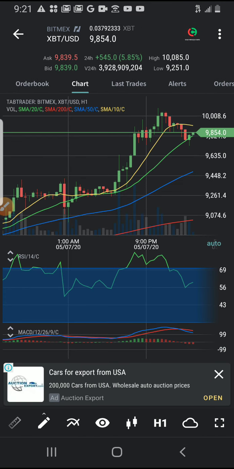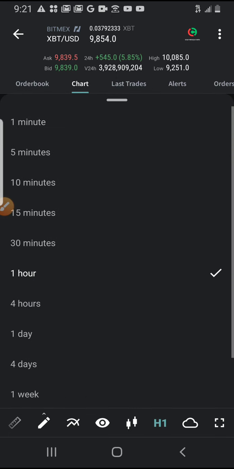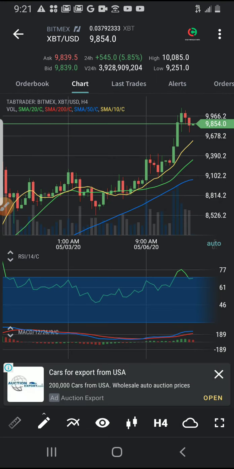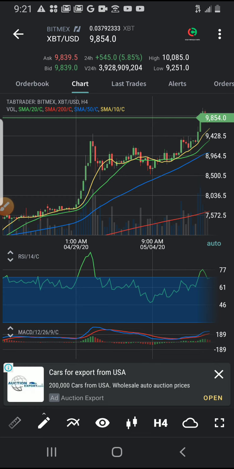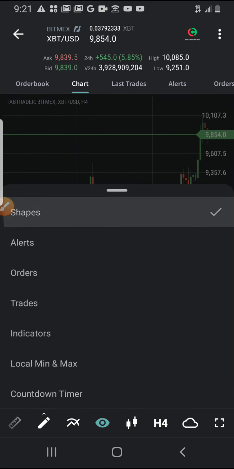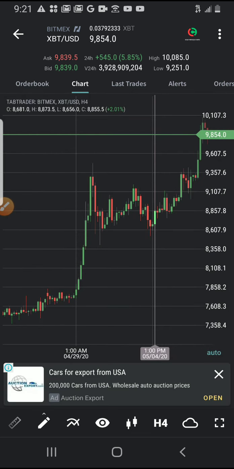Okay, so I'm currently on the 1 hour time frame and I'm going to switch it to 4 hours. I'm going to disable some indicators so everything in the chart looks nice to you. Now I don't know if you guys notice something here.